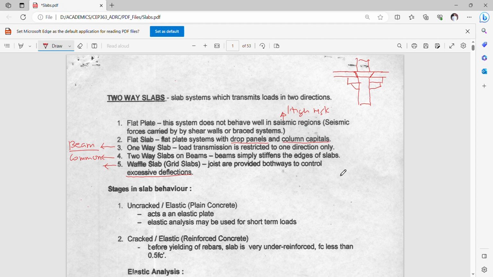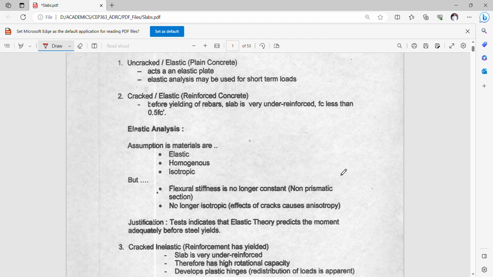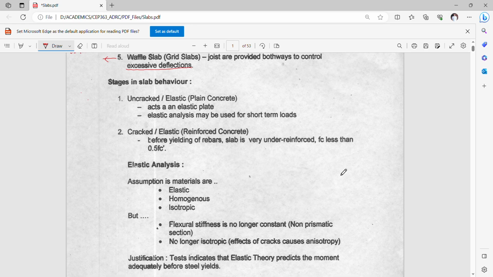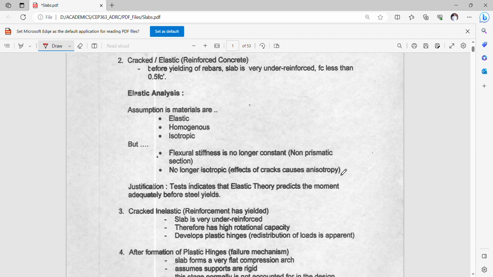For the stages of slab behavior, just like beams, we have four stages. We have the uncracked elastic, the cracked elastic, the cracked inelastic, and the plastic stage.